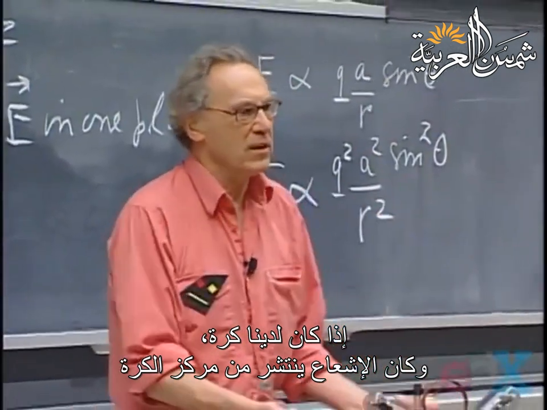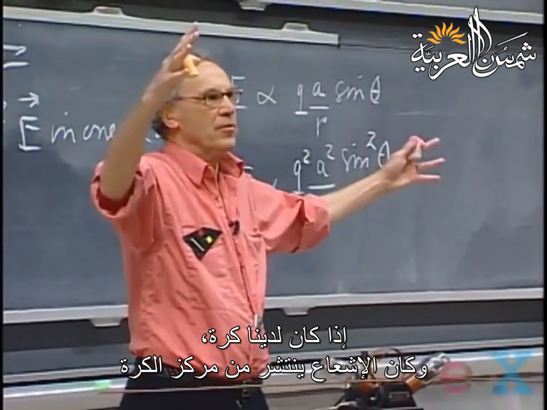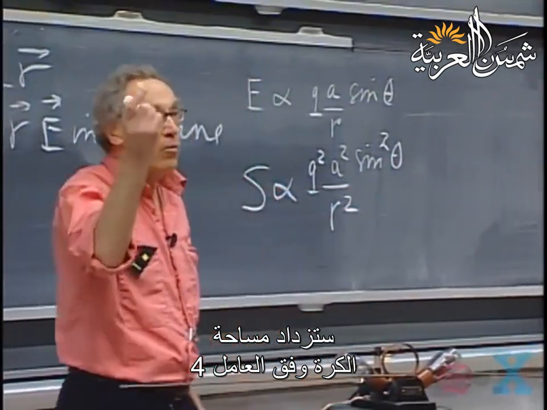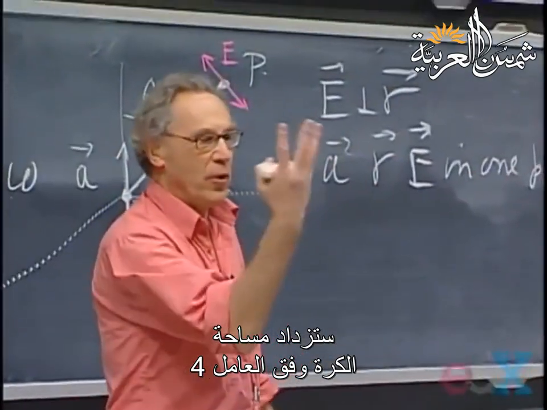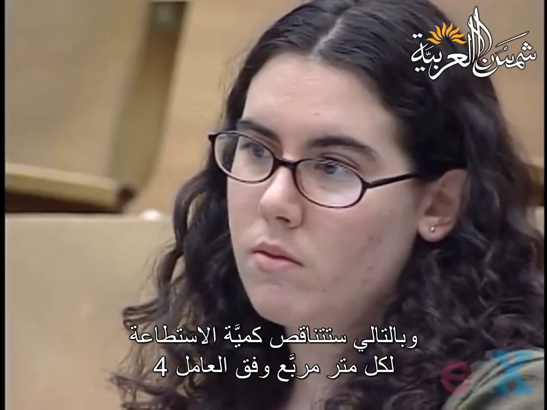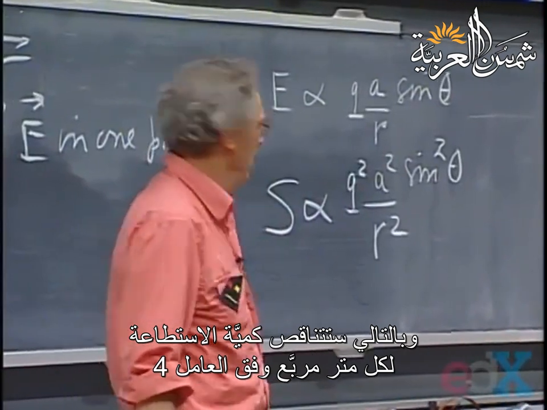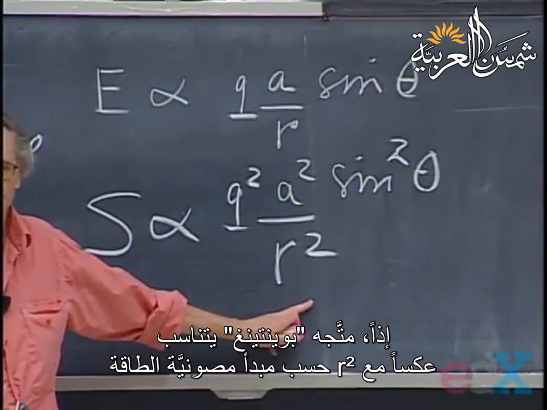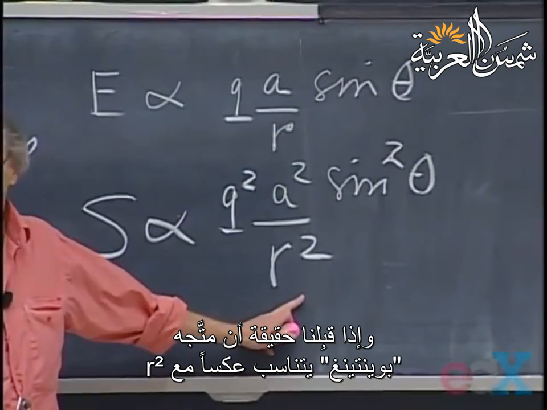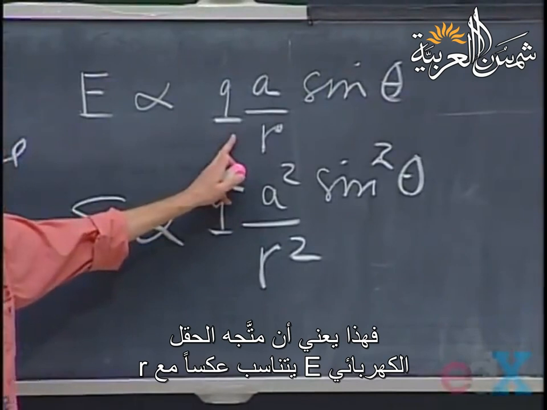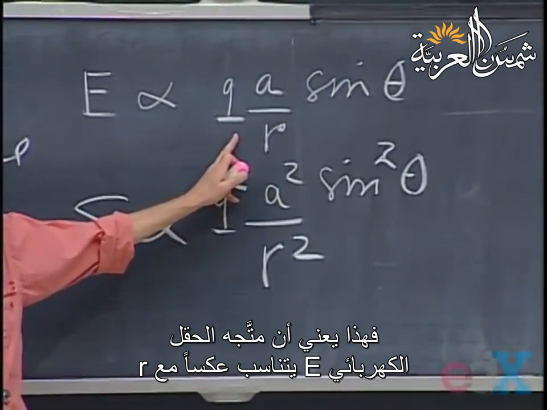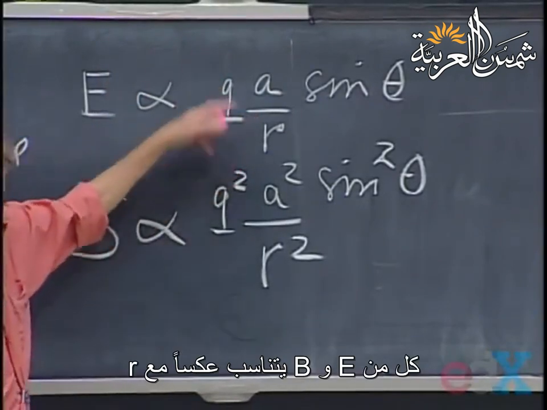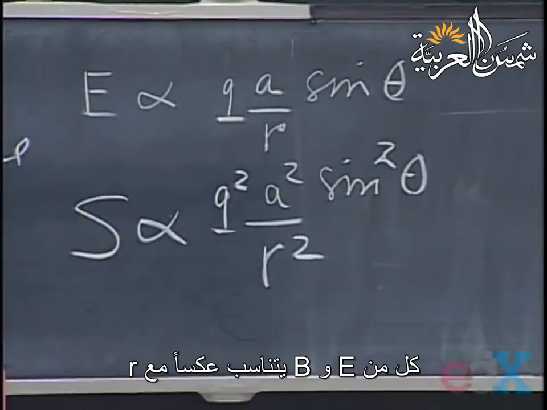Because if you have a sphere and radiation goes out, and you're twice as far away, then you know that the area of the sphere is 4 times larger. And so the amount of power per square meter must be 4 times lower. So the Poynting vector must fall off as 1 over R squared. That's conservation of energy. And if you accept the fact that the Poynting vector falls off as 1 over R squared, then the E vector must fall off as 1 over R. Because the Poynting vector is the product of E and B, E and B must both fall off as 1 over R.